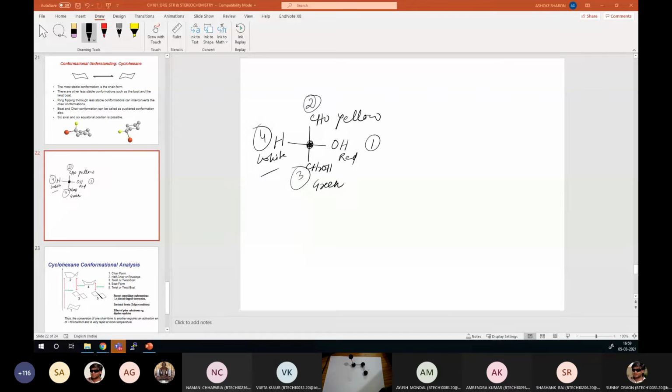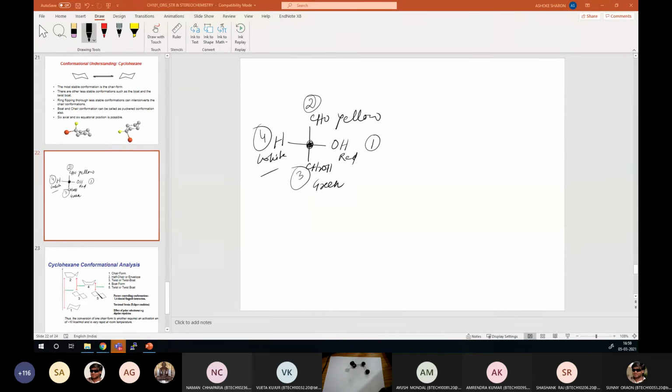Now tell me one question, whether butane A and B are superimposable or non-superimposable. I'm saying both A and B are non-superimposable.